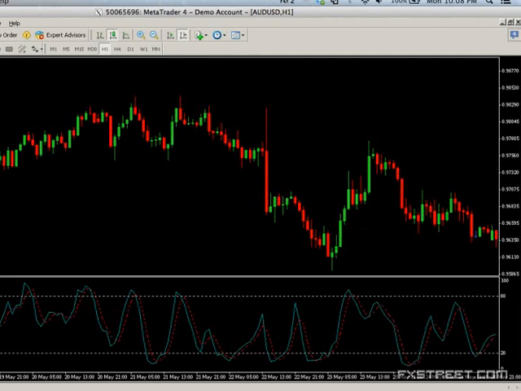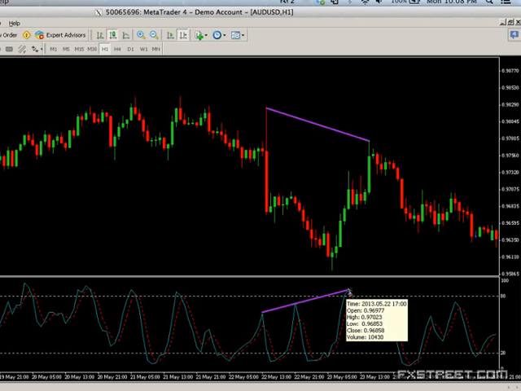Well, we have a similar scenario yet once again. If you want to connect your highs, see how the markets are going lower, the indicator is going higher. Okay, and the market was in an uptrend. This is why we're connecting our highs.